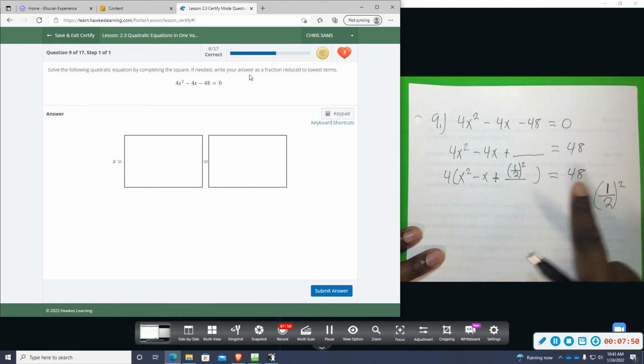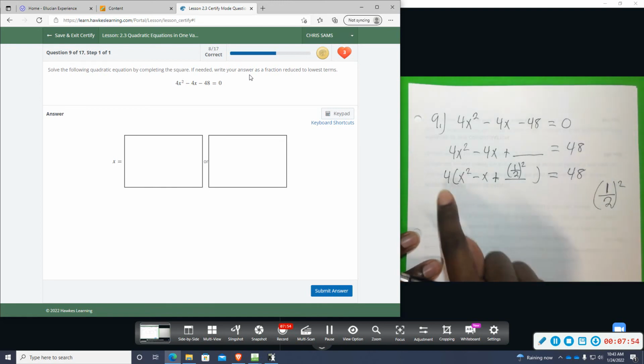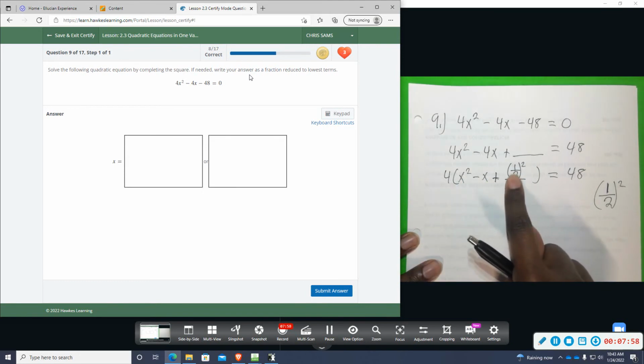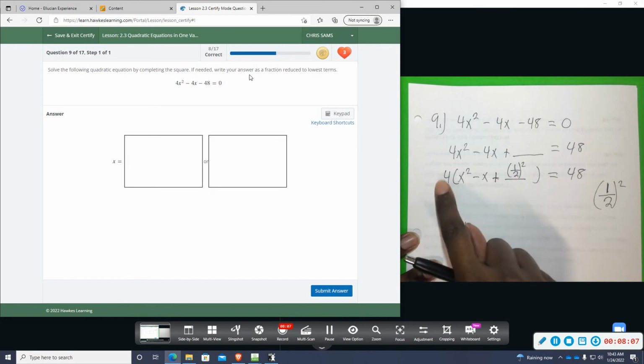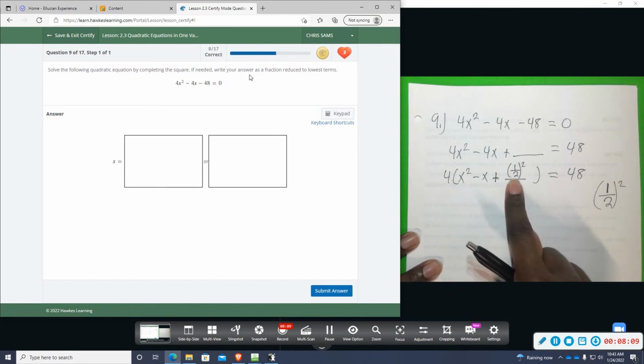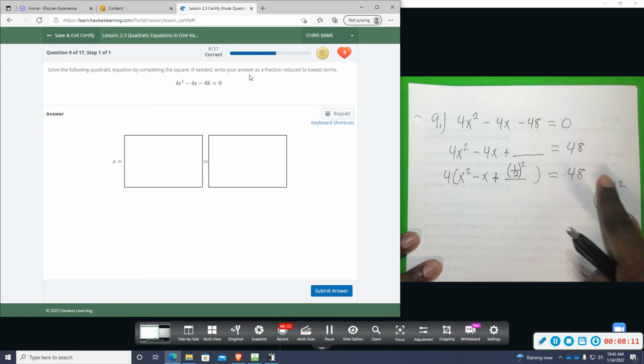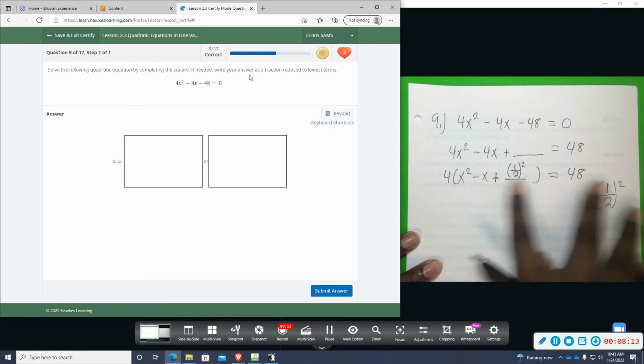Now, whatever you add to one side, you have to add to the other side. Now, here's the tricky part. This 4 eventually will distribute and alter this number. So I have written down 1/2 squared, but what I'm actually adding is 4 times this 1/2 squared. So let's figure out what this is, because that's what I need to add to this side so that they can be even.